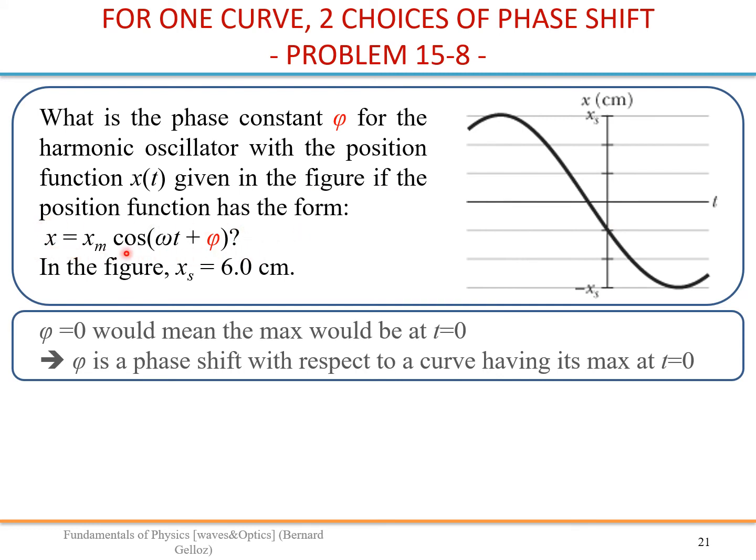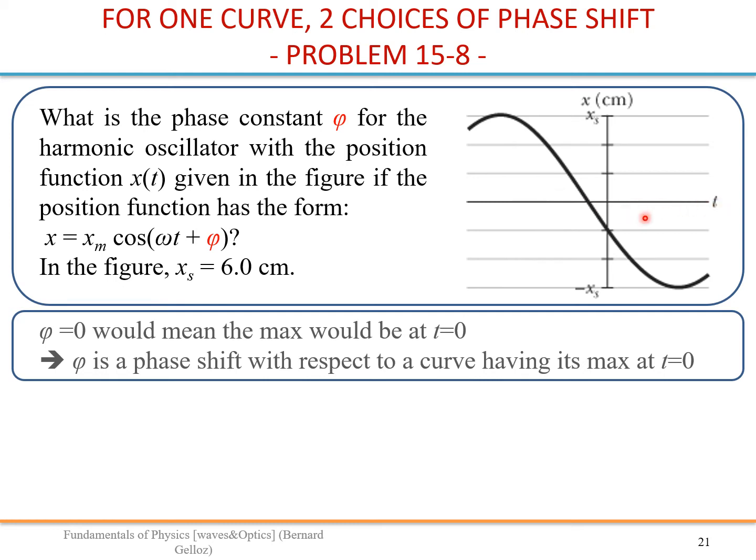So this is a typical form, and they give you the value of xs here. Alright, so already looking at the figure, they give you xs, therefore you know the amplitude.